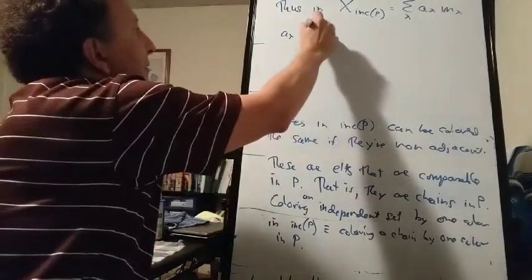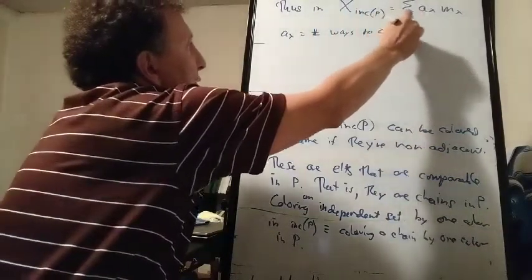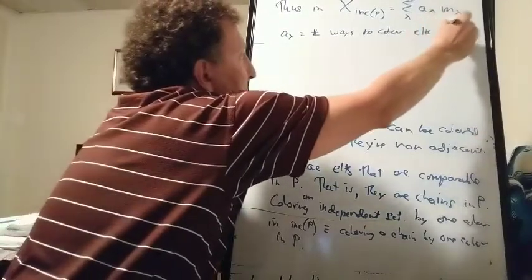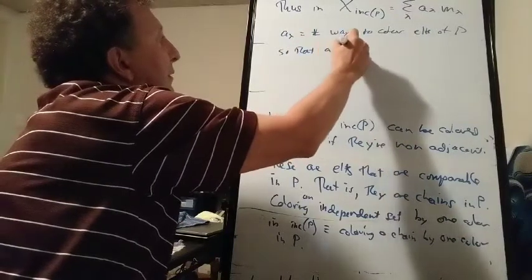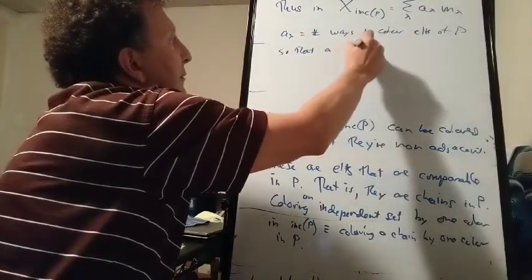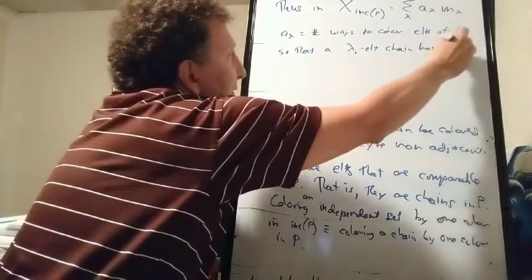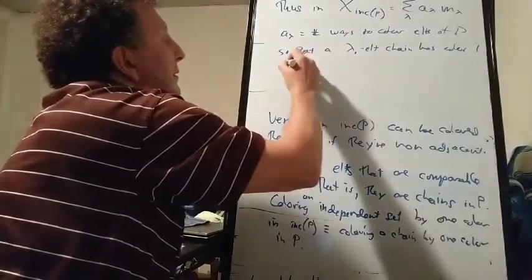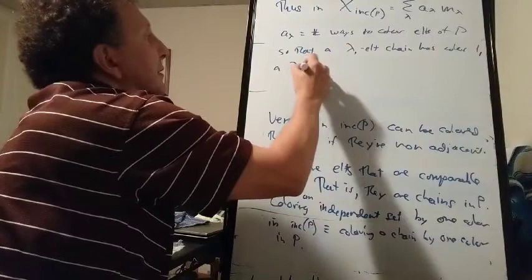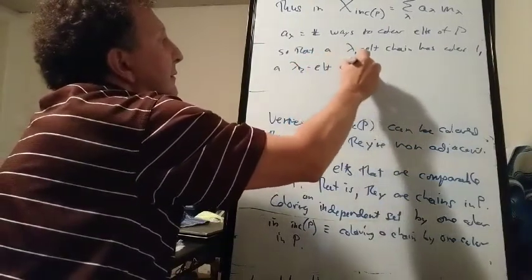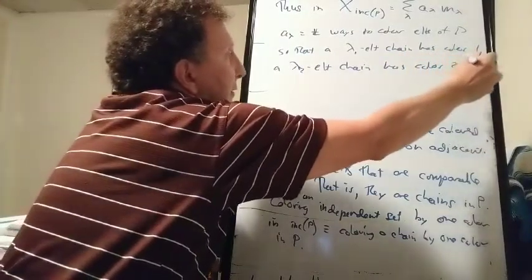So A lambda is the number of ways to color elements of P so that some lambda 1 element chain has color 1 and some lambda 2 element chain has color 2, etc.